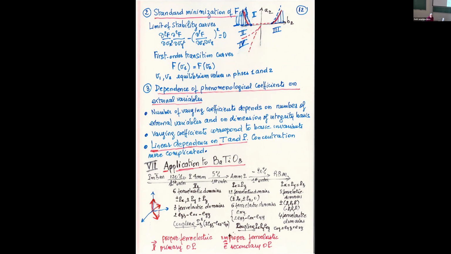They couple. You have 2 3-dimensional irreducible representations, and you have to calculate the coupling between them. It's a complicated story because you have 48 matrices, but finally you get this.